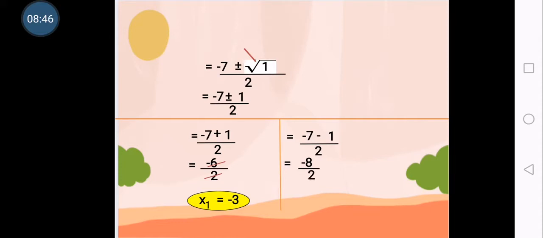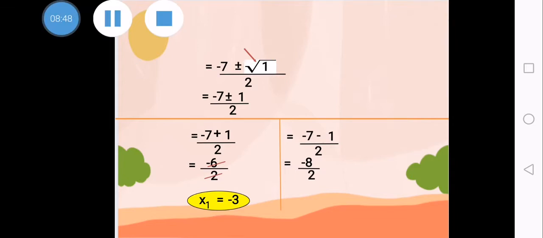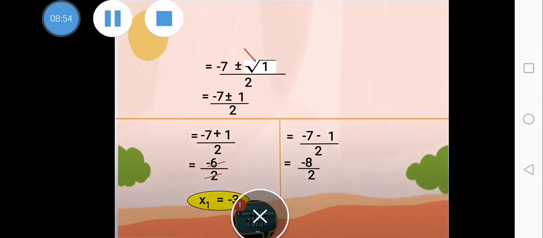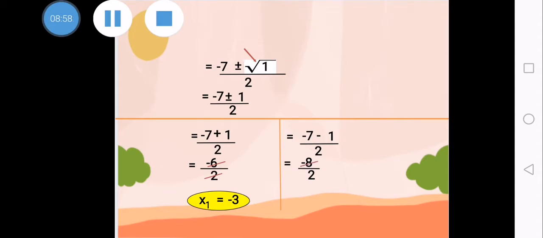So, reduce po natin. Negative 8 and negative 2 ay divisible sa bawat isa. So, negative 8 divided by 2 is negative 4. 2 divided by 2, so yan ay 1. Kaya, ang second root po natin ay negative 4.